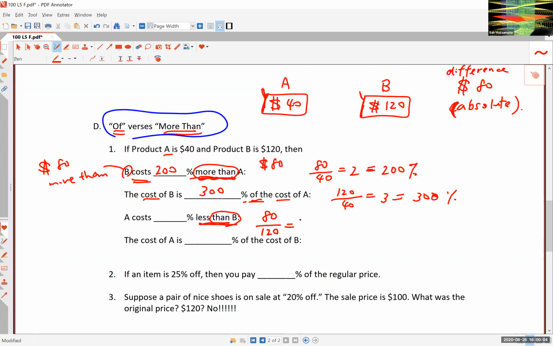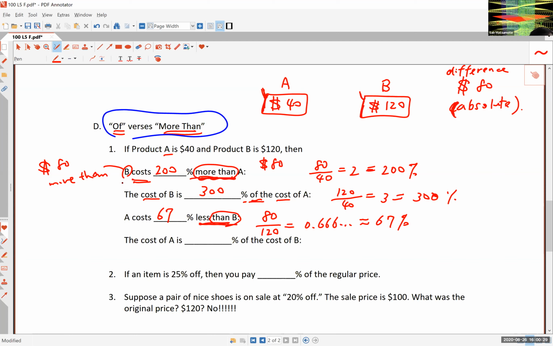So you divide 80 by 120, and that turns out to be 0.6666. And that's roughly 66.6%, or I should say round up to the next whole number, 67%. So it would also be true to say A costs 67% less than B. Is that right?